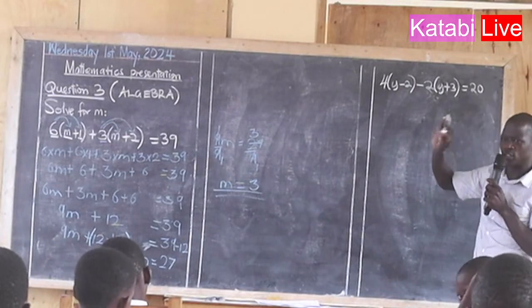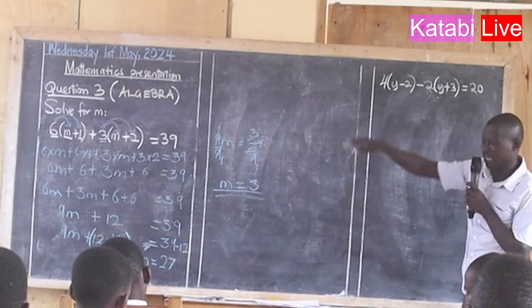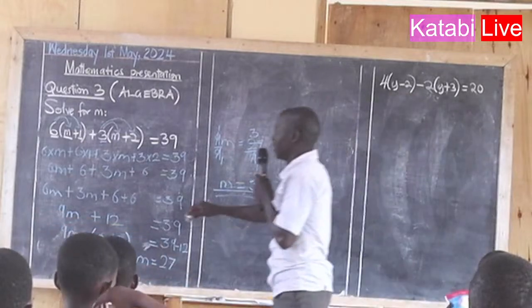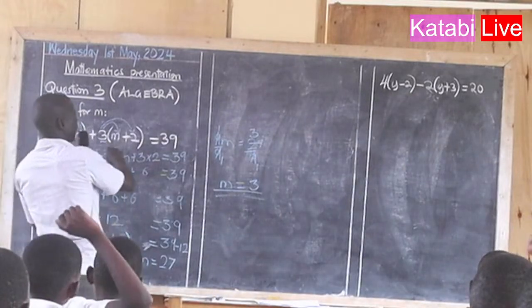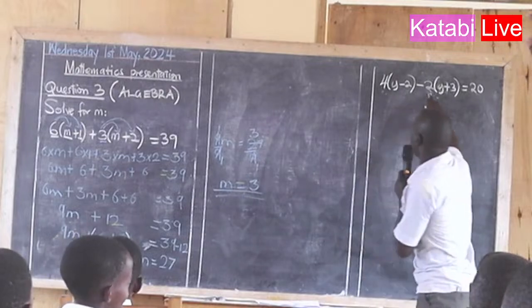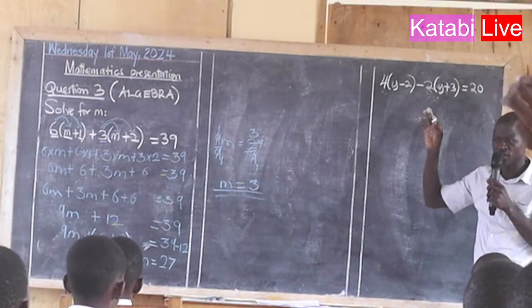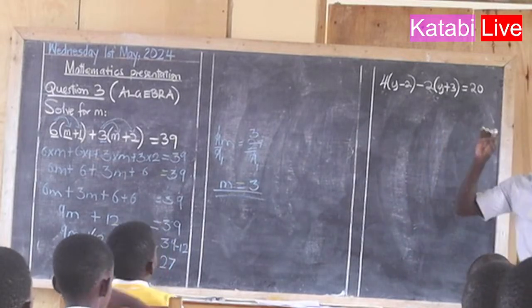What have you seen strange between this number and that number? Because I can see brackets are here, brackets are here. There's a number outside, there's a number outside. What have you seen? There's something which is not common.